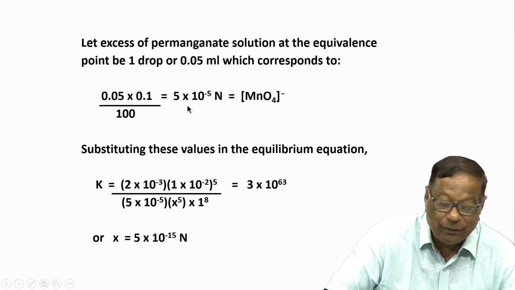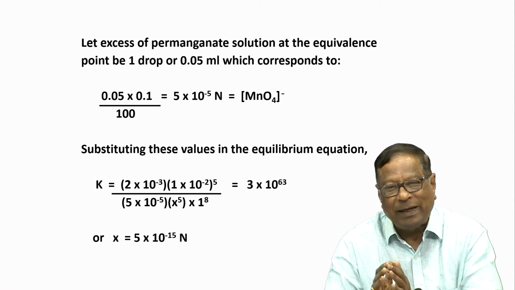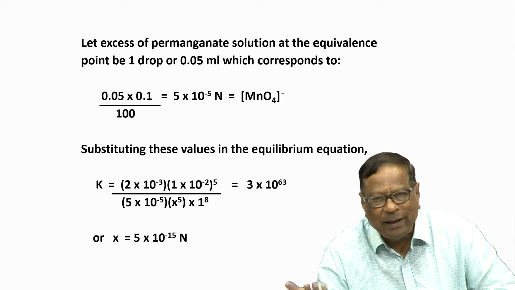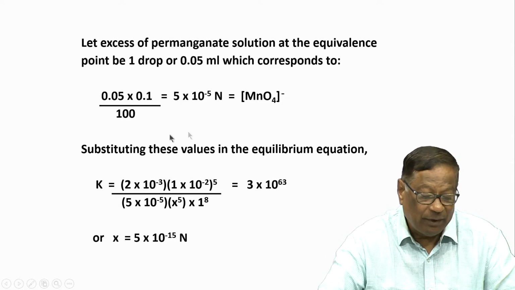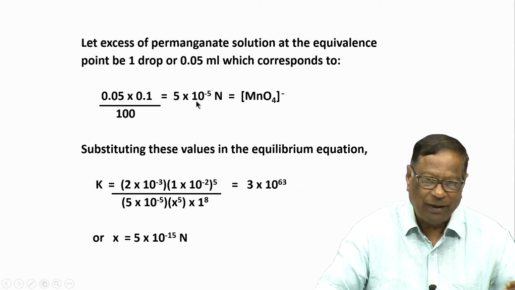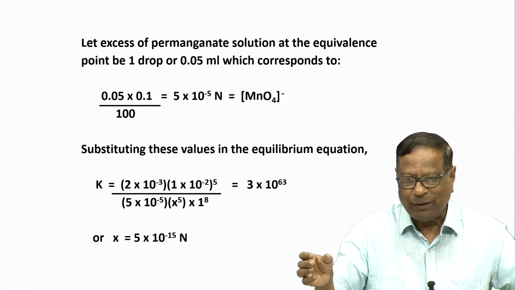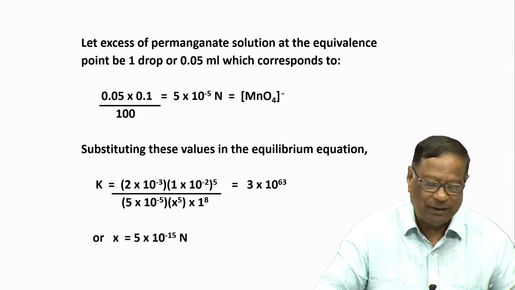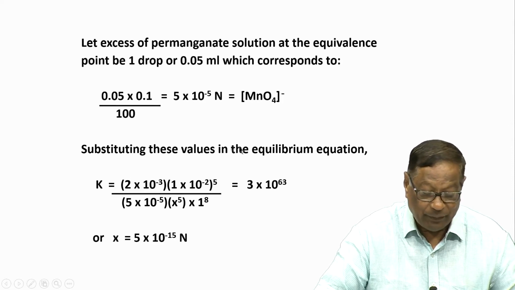So, ferrous would be equal to permanganate, because all the permanganate has been used up in the oxidation, very little of the oxidant will remain at the end of the reaction when you add stoichiometric quantities. Using the same analogy, whatever is the reduced species of one system should be equivalent to the oxidant of the other system. So, we substitute the values in this equation.